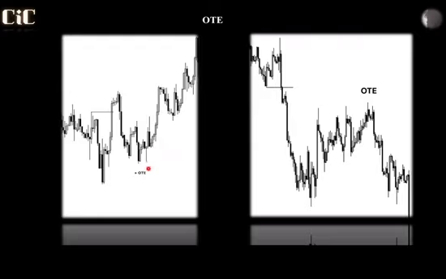So the OTE in basic terms is the pullback used by the market makers to scare away people who are on the right side of the market, but they're not familiar with how the market moves. And it must have happened to you. At least all of us have suffered and experienced this at least once.